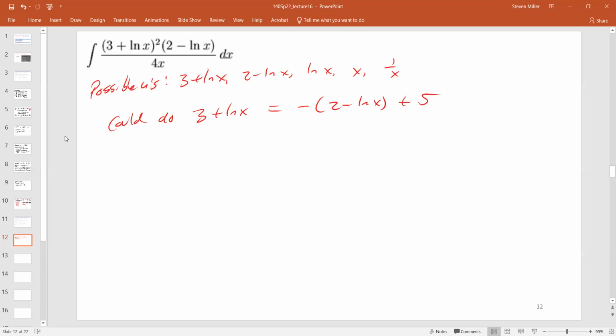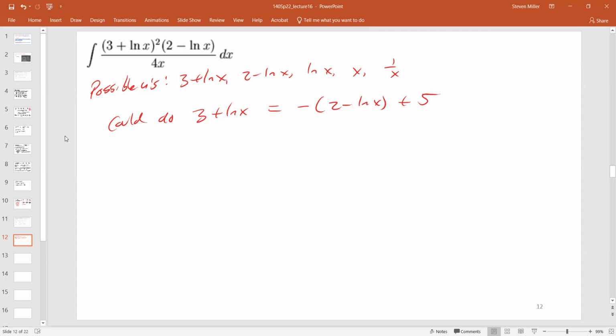Does that work? I think that works. So if I were to make 2 minus ln x my variable, I could actually write 3 plus ln x as just that variable plus 5. So it's not a huge deal to get from one to the other. So maybe that would work out.